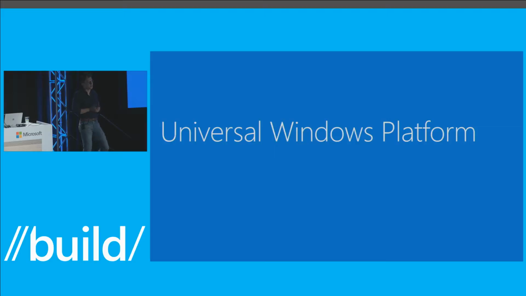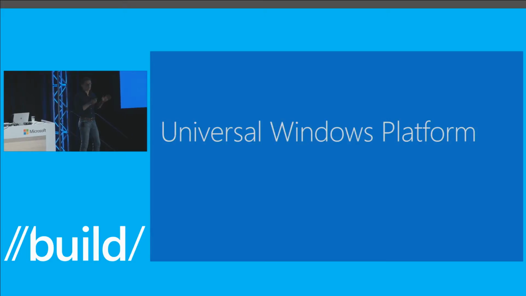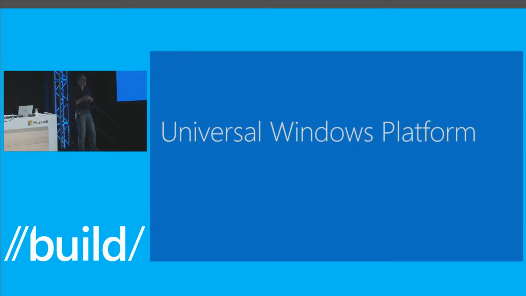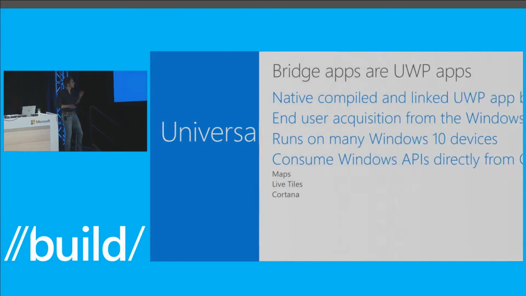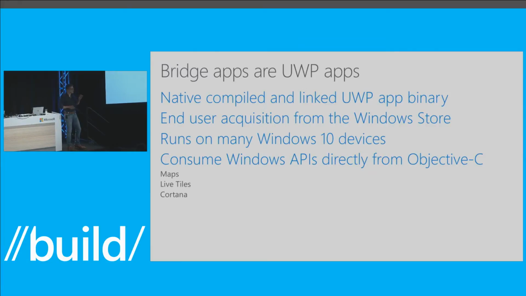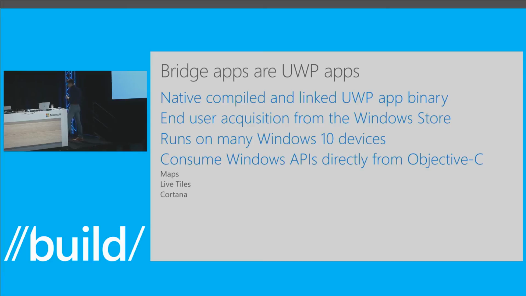So, we've talked a little bit about what the bridge is. And Dustin showed you a little bit of how it works. But you're here today, you're an iOS developer. What does it do for you? Well, I want to reiterate this point, because this is really important. Bridge apps are UWP apps.